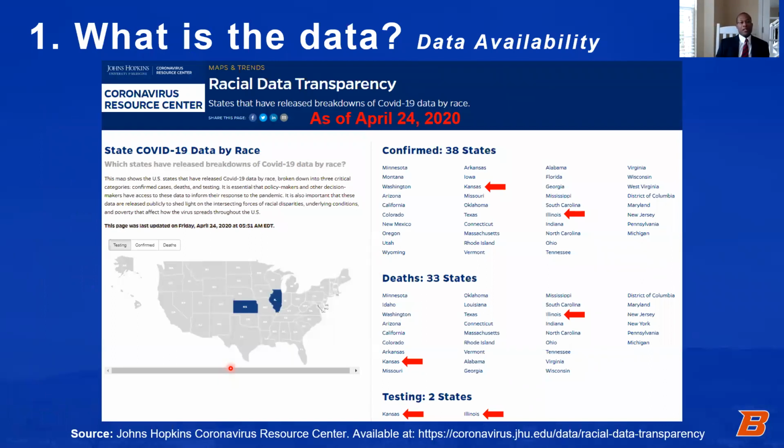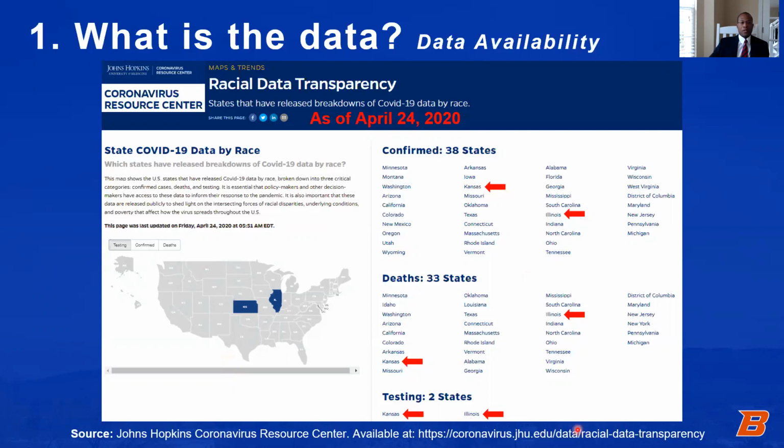One of the institutions that has been doing a lot of analysis on COVID-19, it's no surprise, is Johns Hopkins. My alma mater, I obtained my Ph.D. in public health policy from Hopkins in 2015, and they have a great breakdown of what states are reporting regarding racial data transparency. And this data is up to date as of today.